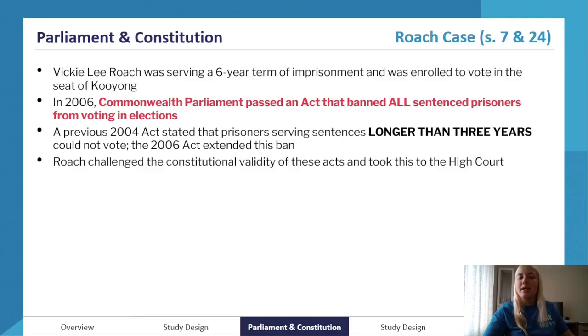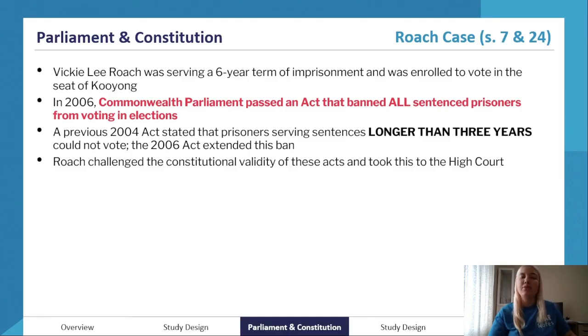But in 2006, Commonwealth Parliament had passed an act that banned all sentenced prisoners from voting in elections, basically taking away these citizens' right to vote if they were charged successfully and found guilty of any criminal offense. Roche was quite an advocate for political rights and being able to vote, and was really upset by the fact that they couldn't vote anymore.